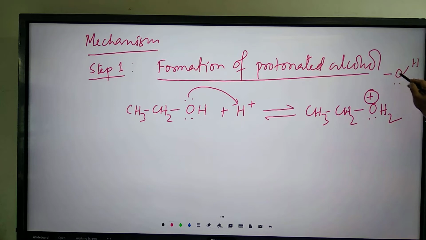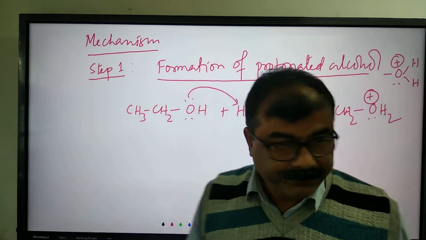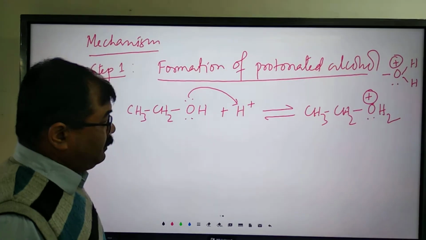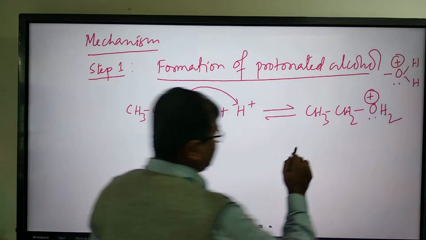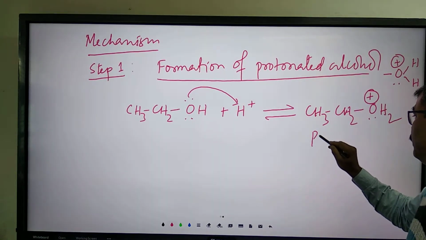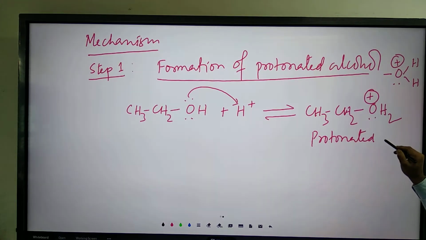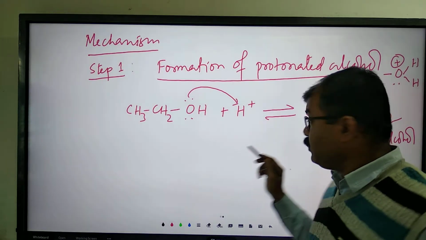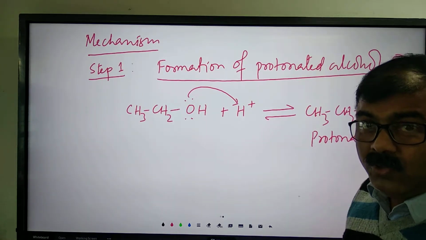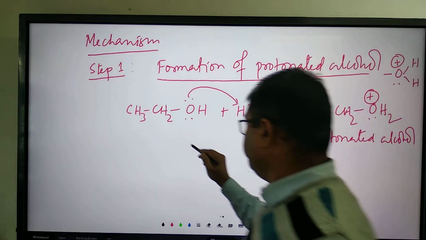You see 1, 2, 3, 4, 5. That is why one positive charge is developed on oxygen. This is protonated ethyl alcohol. We also say this is an ethyl oxonium ion.